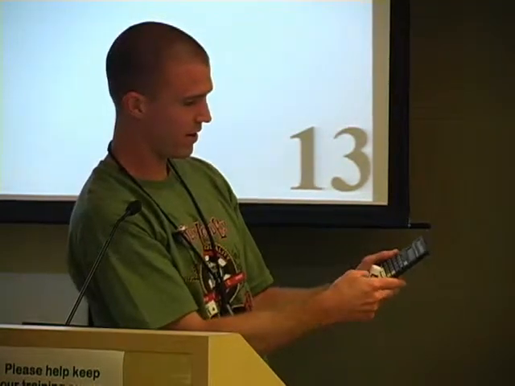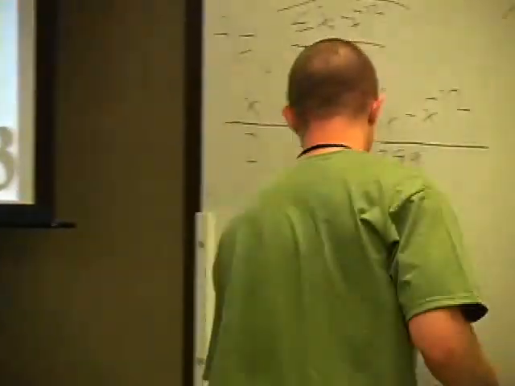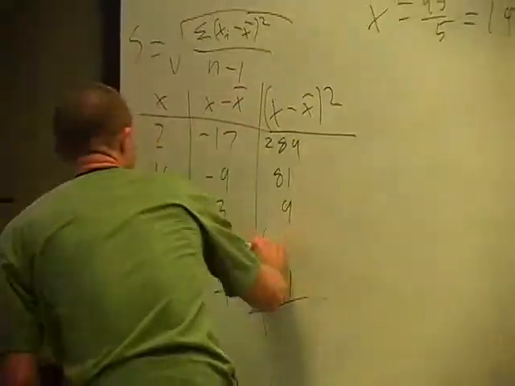Work. There we go. 17 times 17 is 289, that's right. 24 times 24 is 576. All right.